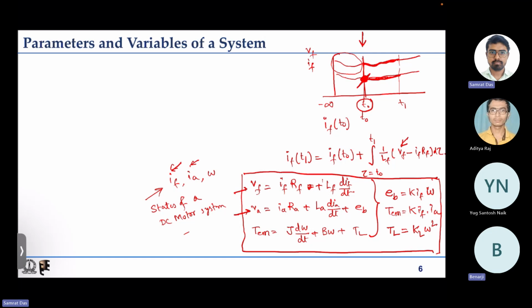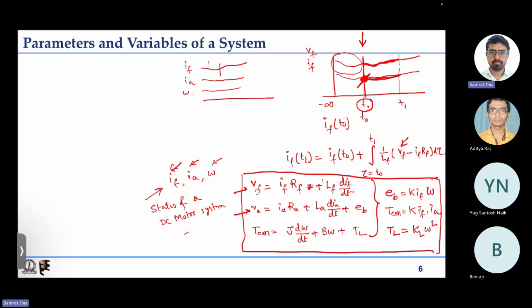Okay. I made a point that, suppose again like this, we know that these are variables, so these are changing. So this is if, this is ia, this is the speed.